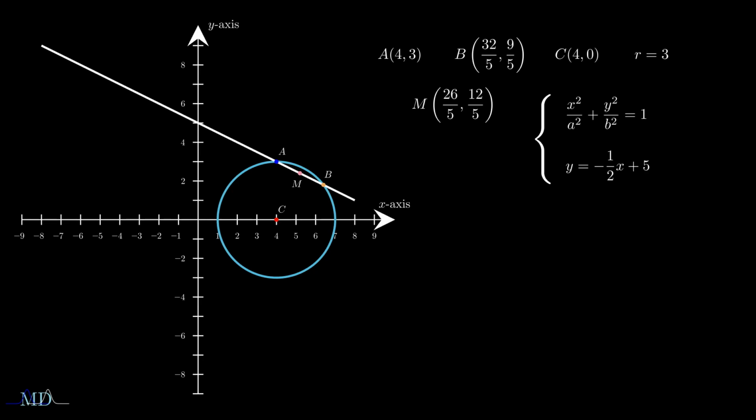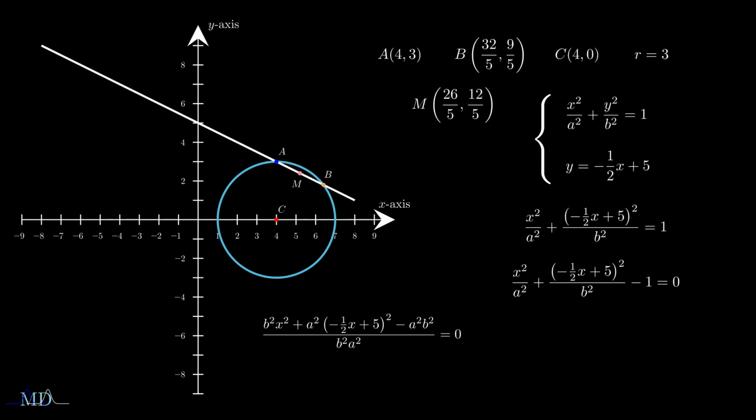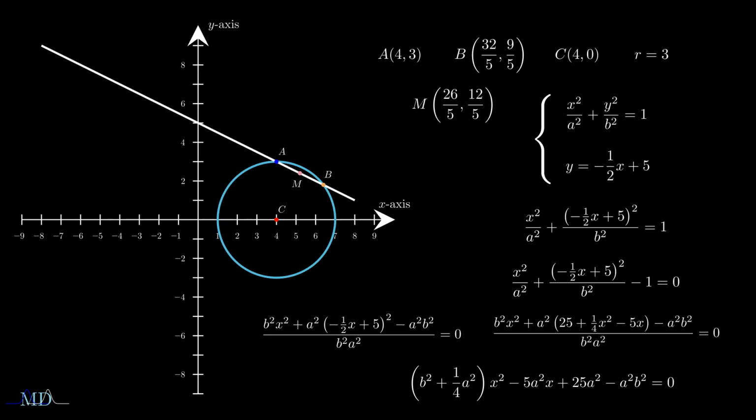Then we insert the expression of y into the equation of the ellipse, obtaining x²/a² + (5 − 1/2 x)²/b² = 1. We construct a single fraction with the least common multiple as a denominator, and then we solve the binomial square. We get a second-degree equation in x with two unknown parameters, a and b.